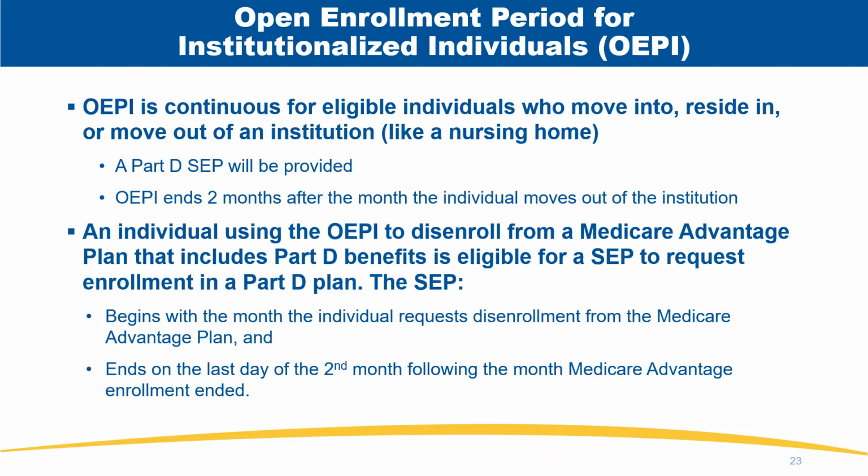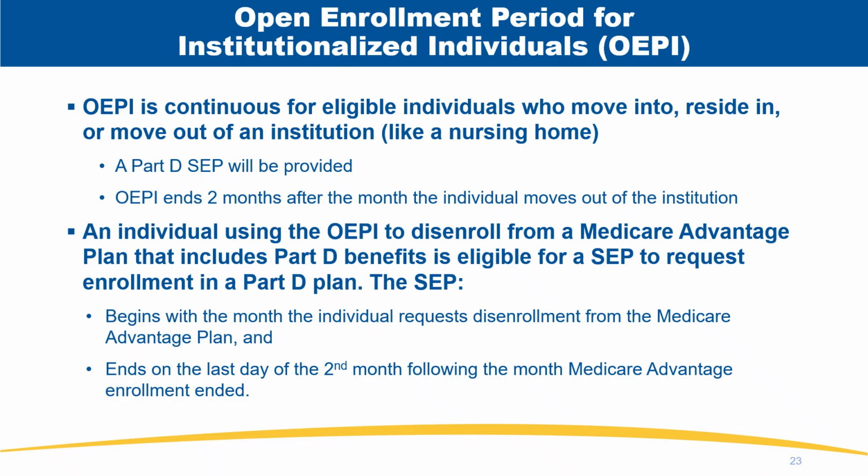Open enrollment period for institutionalized individuals. The open enrollment period for institutionalized individuals, OEPI for short, is continuous for eligible individuals. Your chance to join, switch, or drop coverage lasts as long as you live in the institution and for 2 full months after the month you leave the institution.